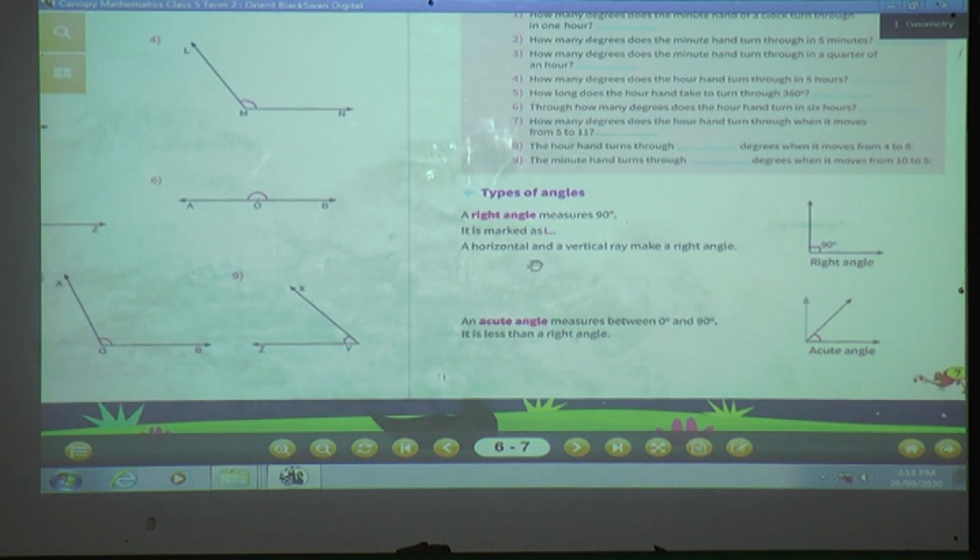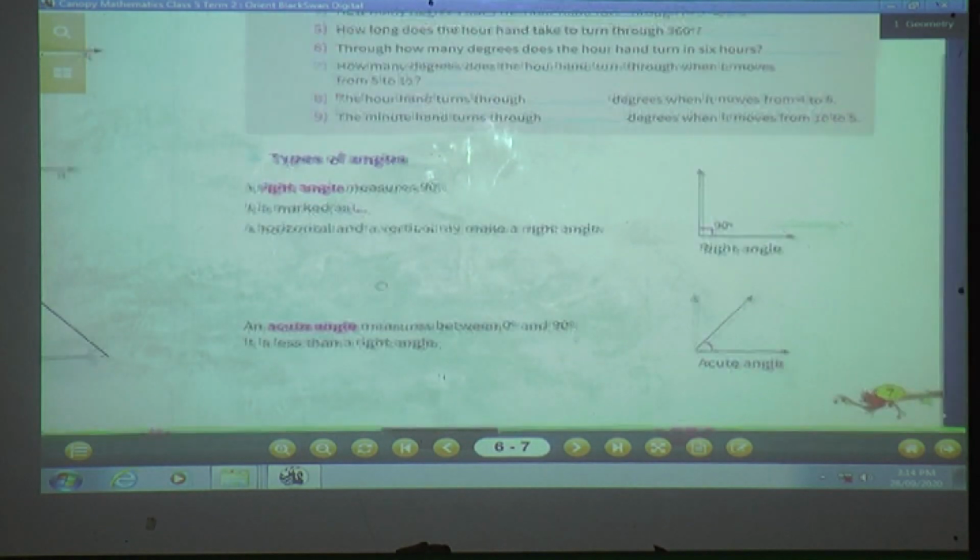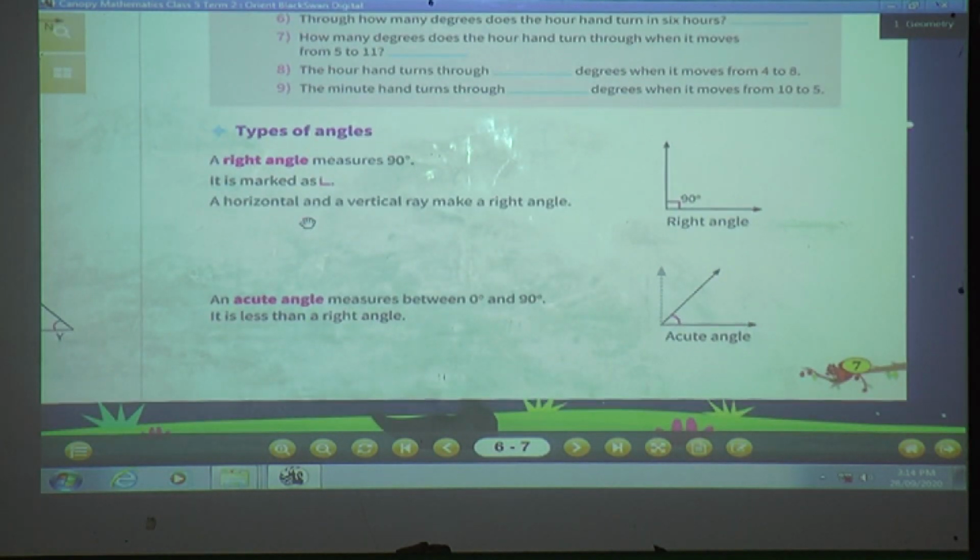See students, page number 7, types of angles. A right angle measures 90 degree. It is marked with this sign, the 90 degree sign, which means it is a right angle.